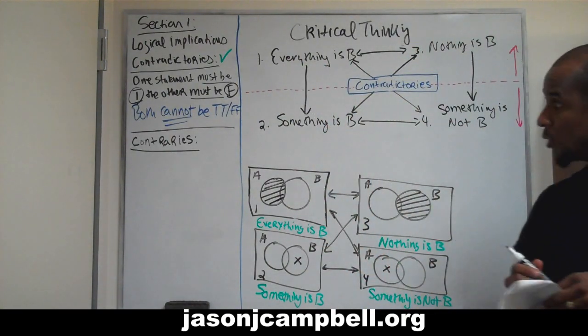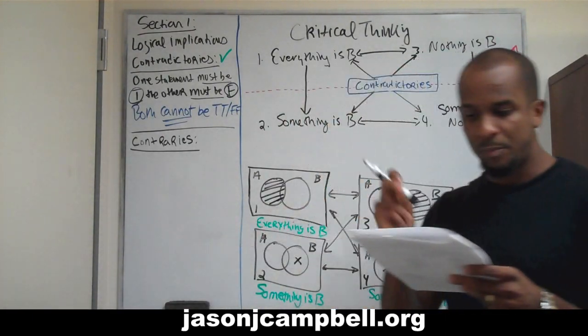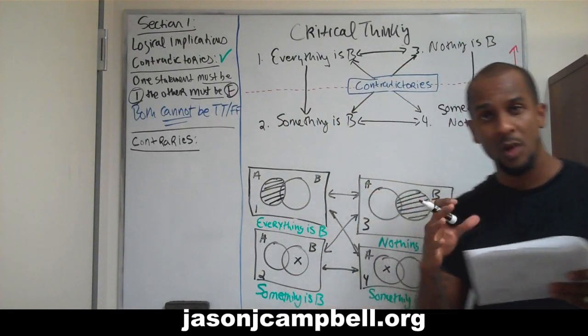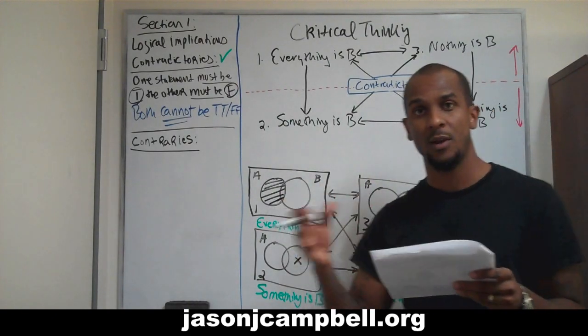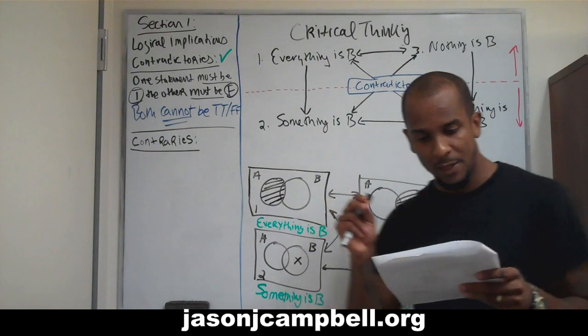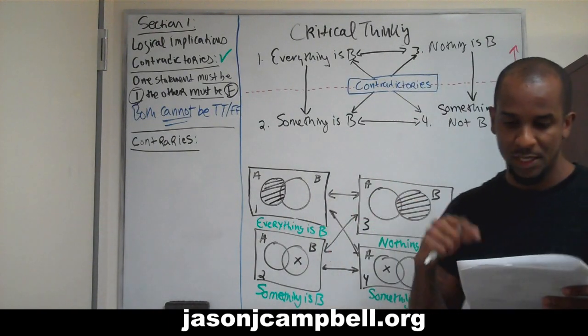our contrary relationships, right? So 1 and 3 can both be false. This relationship is defined insofar as both can be false, but both cannot be true.